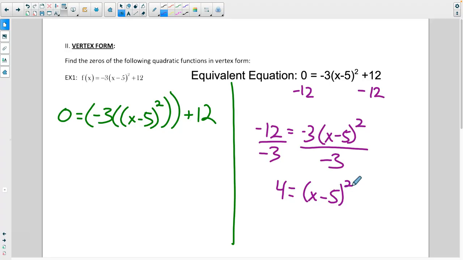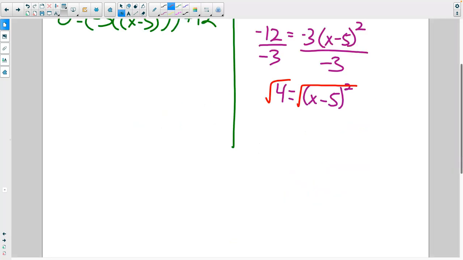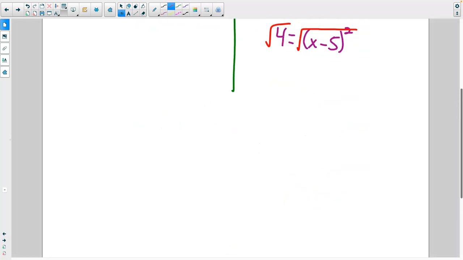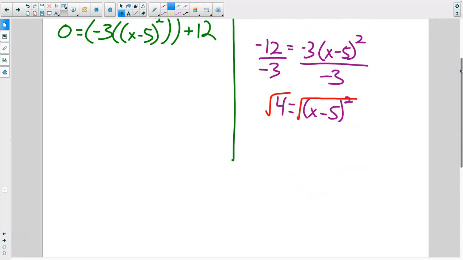So now we're going to deal with the square. To get rid of squares, we square root. Okay? And we always do that to both sides. Now, what's the square root of 4?